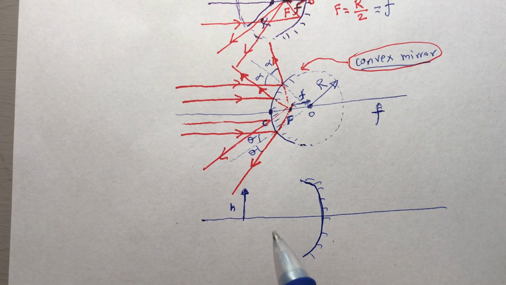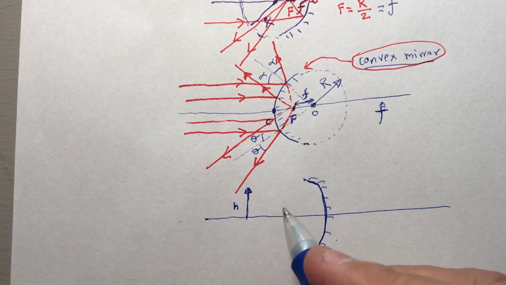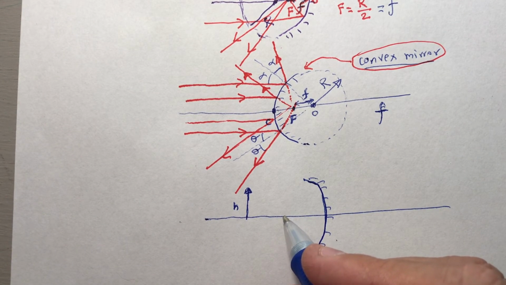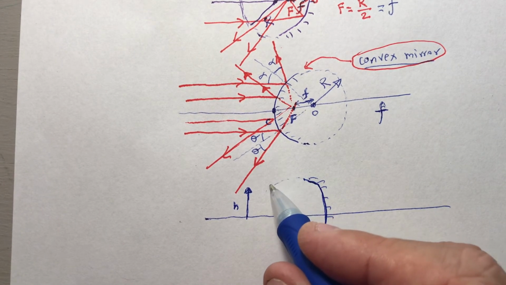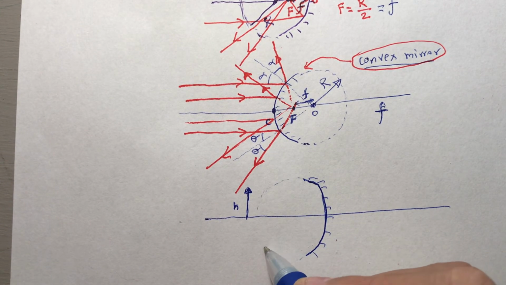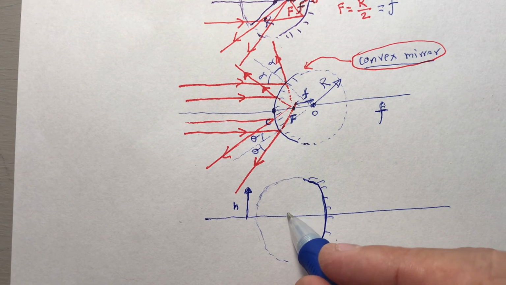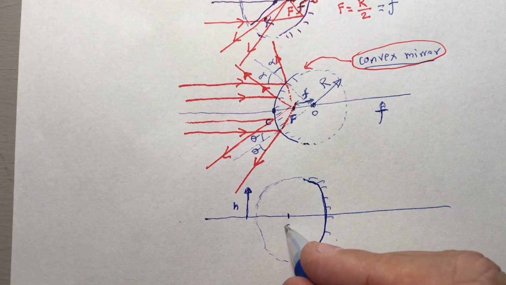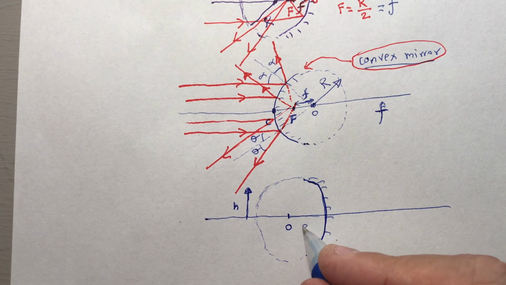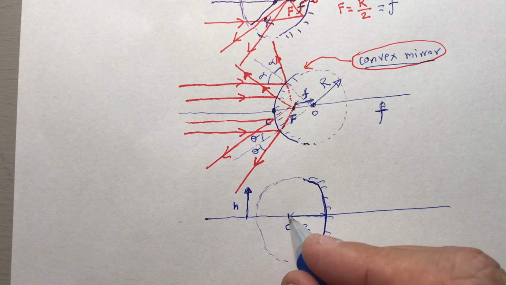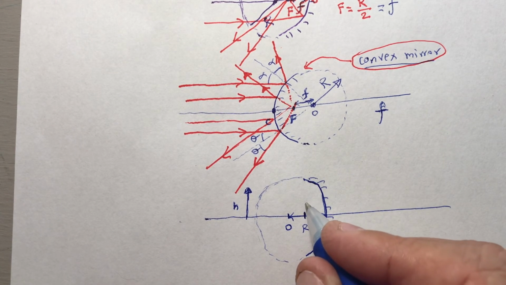Okay, so we need to again find the focal point. This is the center. I put here O. This is the radius R. The focal point is going to be halfway, so the focal point is there.